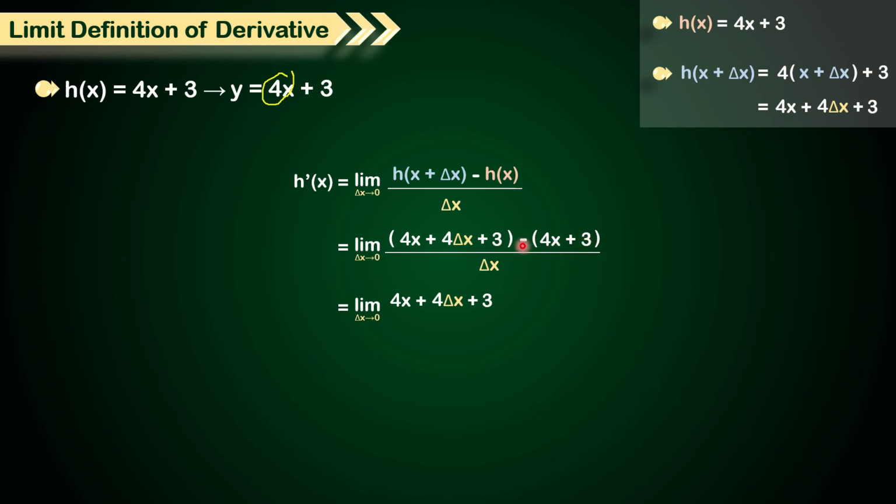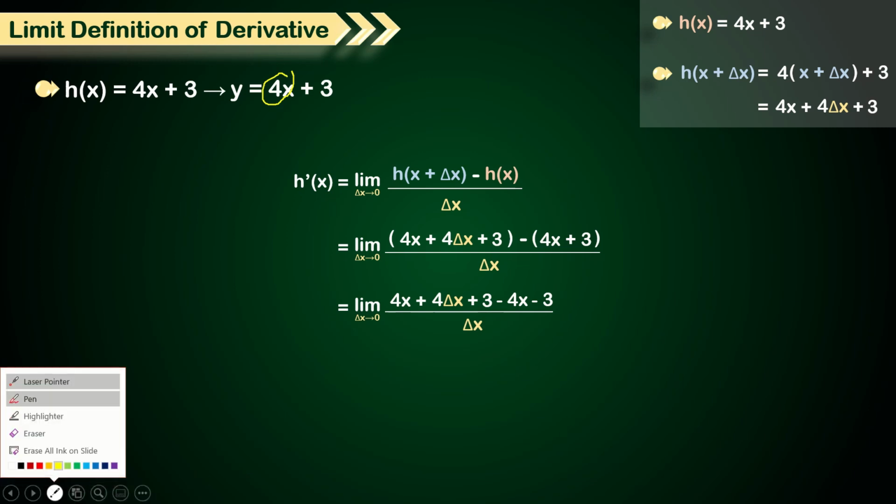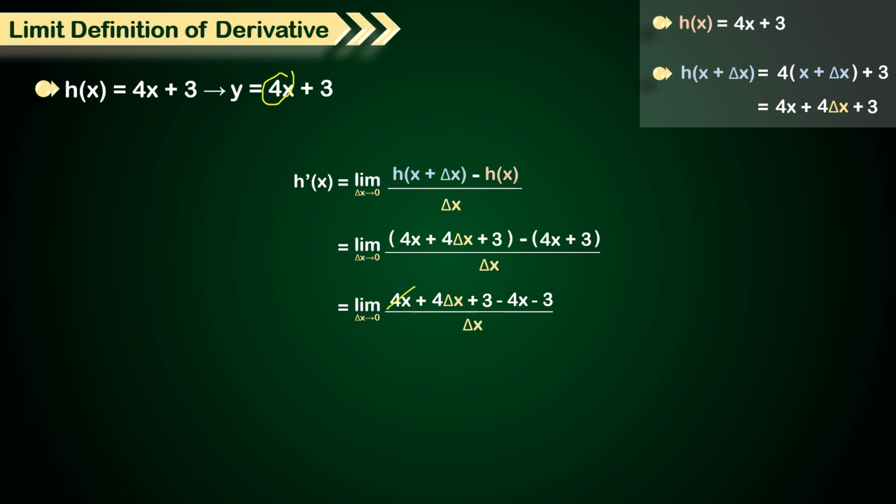We have negative 4x and negative 3, all over delta x as delta x approaches 0. Combine similar terms. 4x minus 4x is 0 and 3 minus 3 is 0. The remaining term will be 4 delta x.